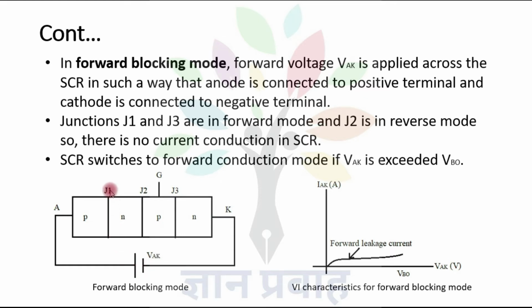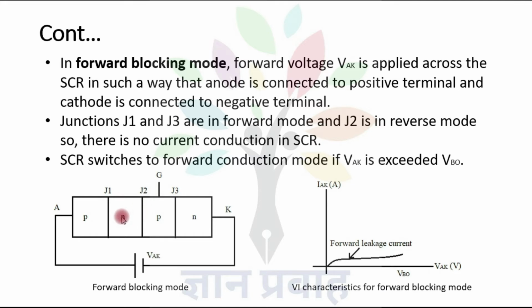Therefore, J1 and J3, these two junctions are operating in forward wise or simply passing the charge carriers. Here we are not applying any gate voltage. It means J2 junction is operating in reverse wise. So there is no current conduction because J1 and J3 both are in forward wise while J2 is in reverse wise.